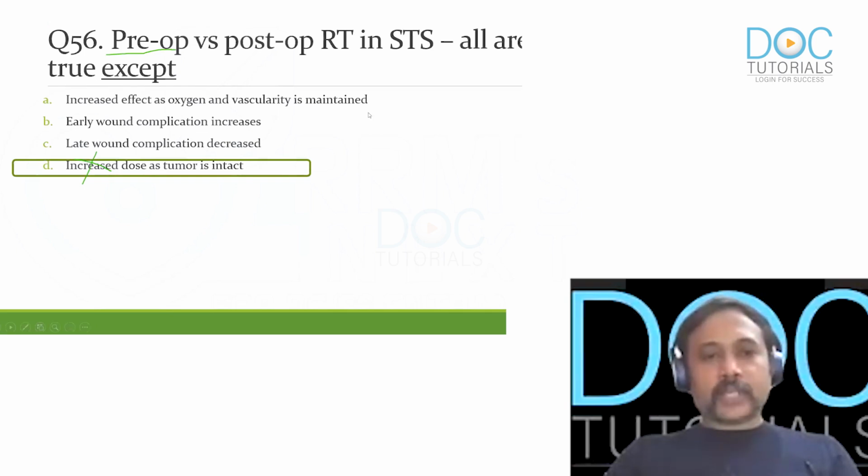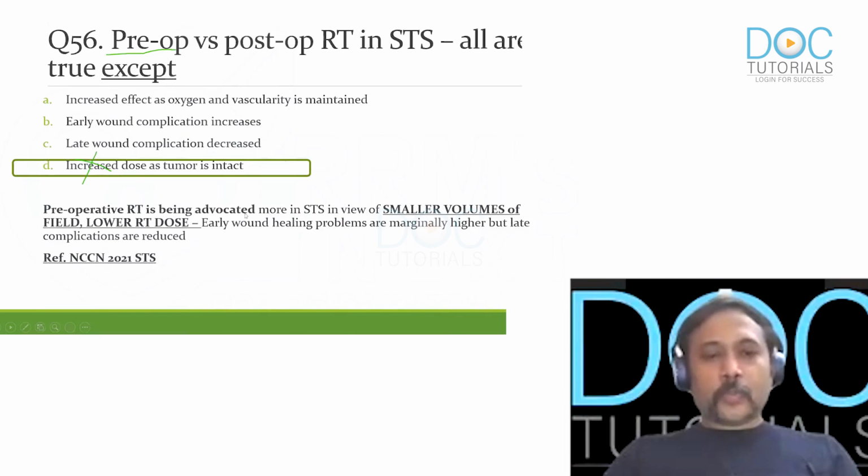So adjuvant radiation will have an increased risk of late wound complication, and the dose which is going to be used is going to be reduced. So preoperative RT is sometimes being advocated by some specific people because of the smaller volumes, lower radiation dose, early wound healing problems are there, but late complications are going to be reduced. So that is the advantage of using your preoperative radiation, right?